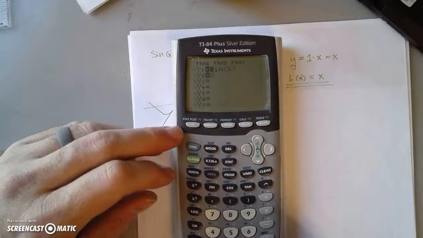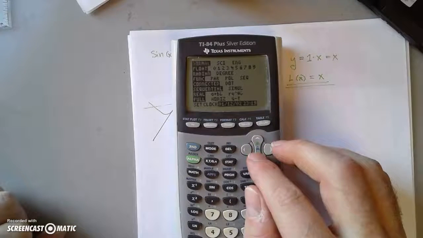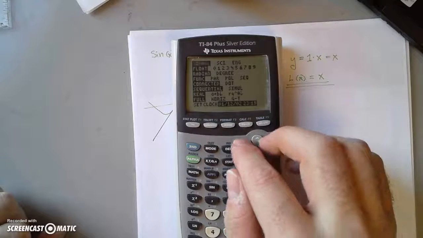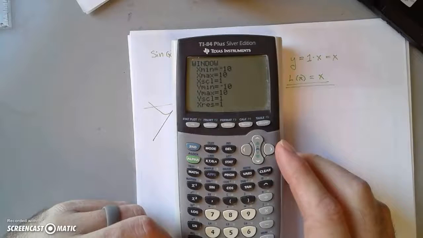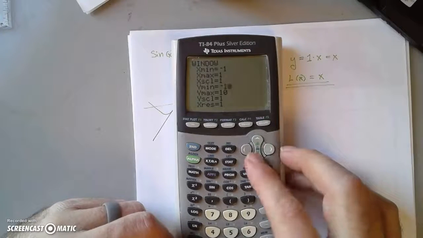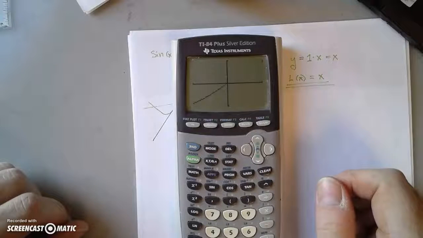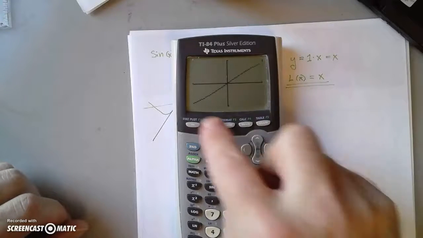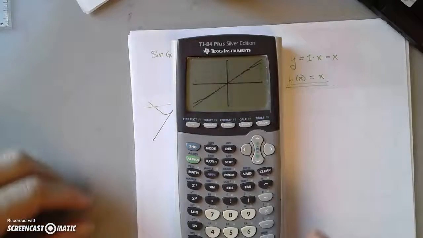What's going on here? Sine of x, x, mode, float, radian, degree. This should be fine. Well, let's change things up anyway. Let's do a min of -1, a max of 1. There we go. So there's the sine function being graphed. Let's see a bit of a curve there. And look how good that tangent line is. It is right on the button.